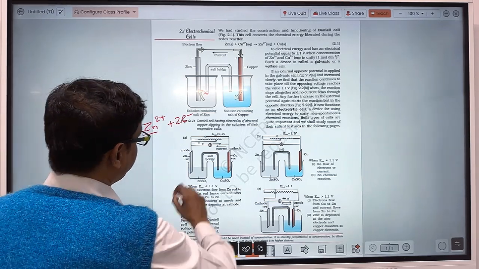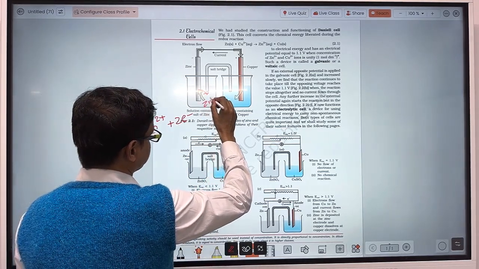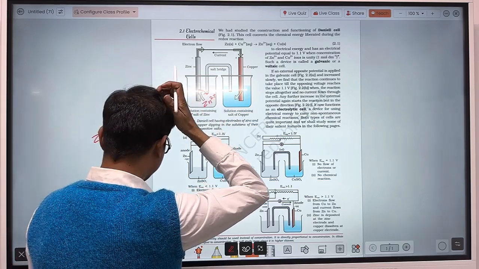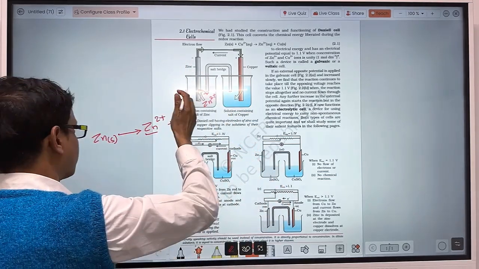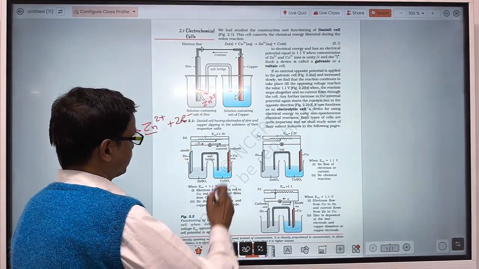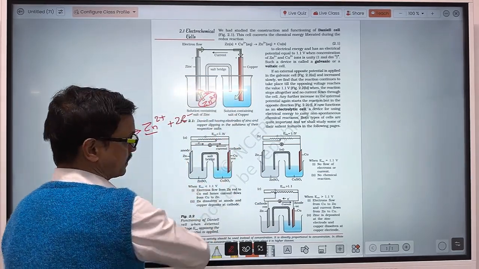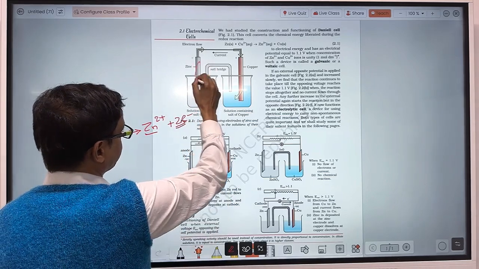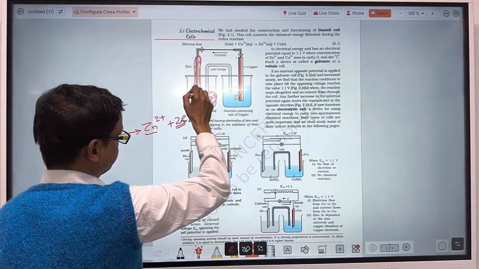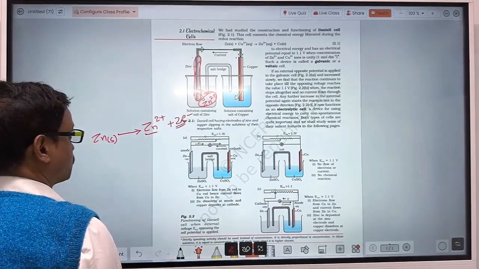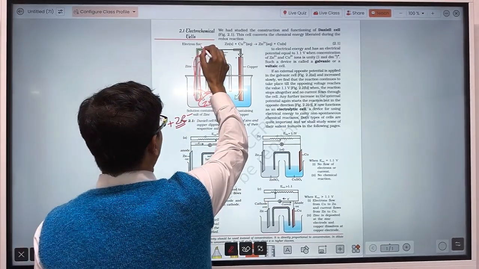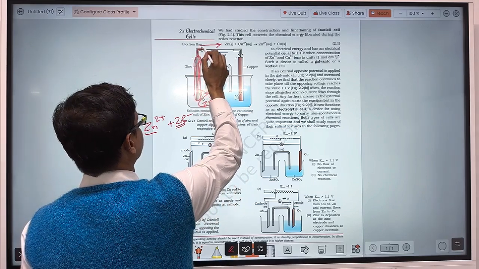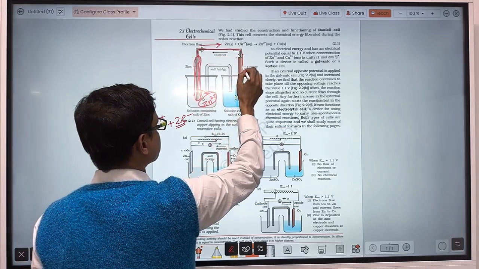This zinc ion will go inside the solution, and the 2 electrons will be left at this rod. Through this rod, the electrons will flow and come to the other rod.